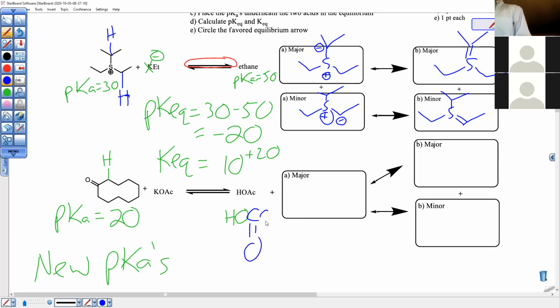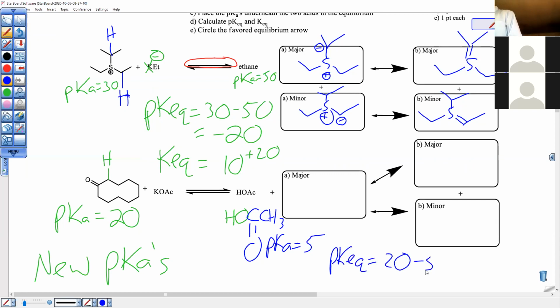Carbonyl CH3. That's a pKa of 5 because it's a carboxylic acid. pKeq, 20 minus 5. This reaction is not going to go to completion, is it, at all? Positive 15. KEQ, 10 to the negative 15.